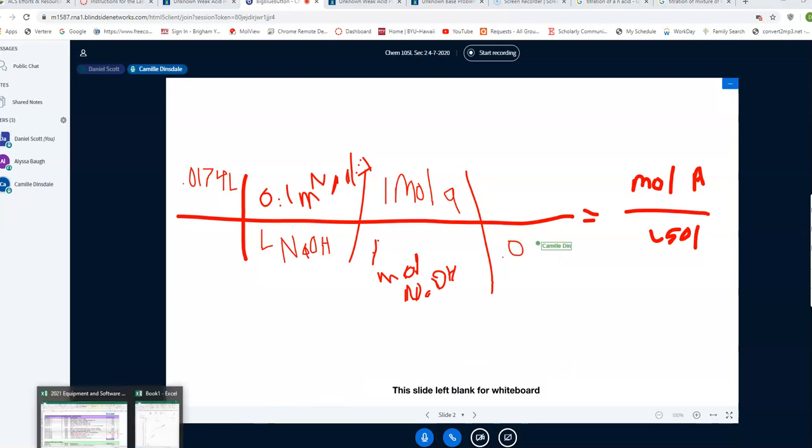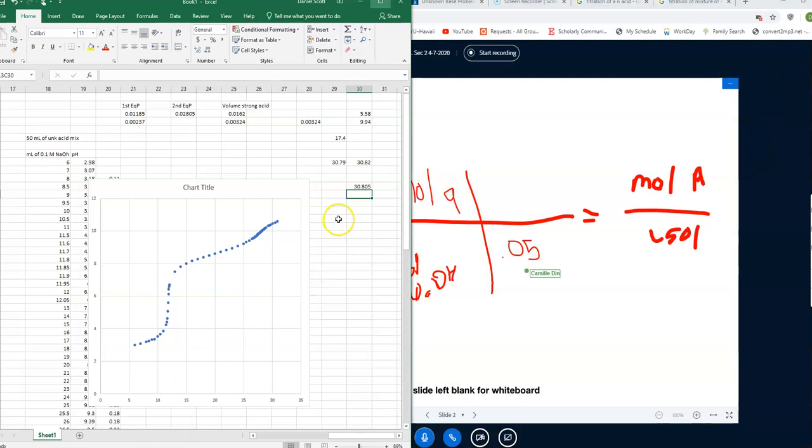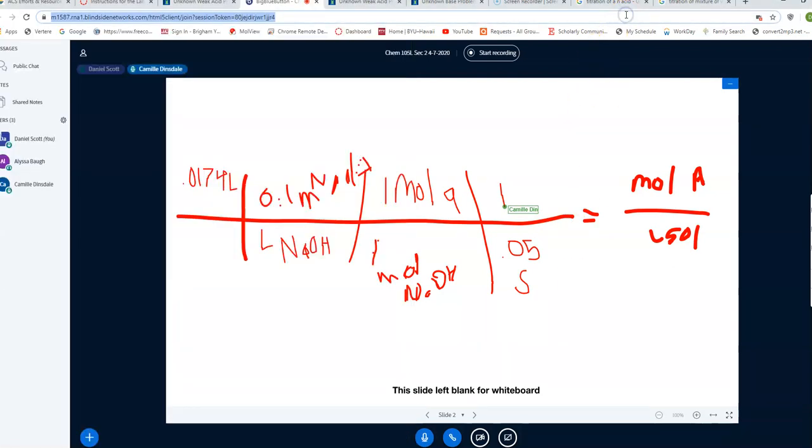So it's 0.05 liters of the solution of the mixture. And then the moles, is that just one on top, right? Yeah. Or you don't even need anything there. Okay. I will do that in my calculator. Okay. Really hope this works.